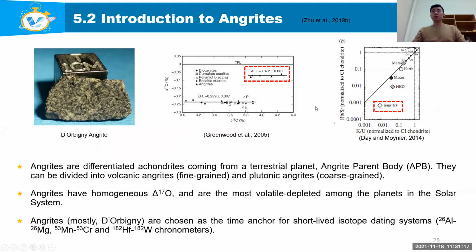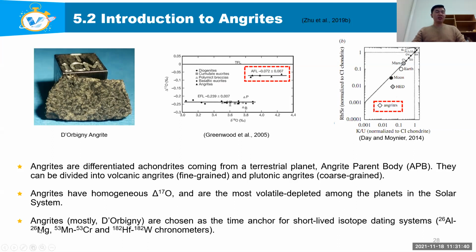Both rubidium and potassium are more volatile than strontium and uranium. So this figure mainly shows the volatile depletion degree for the solar system bodies. We can see the Angrites are extremely depleted in volatiles.